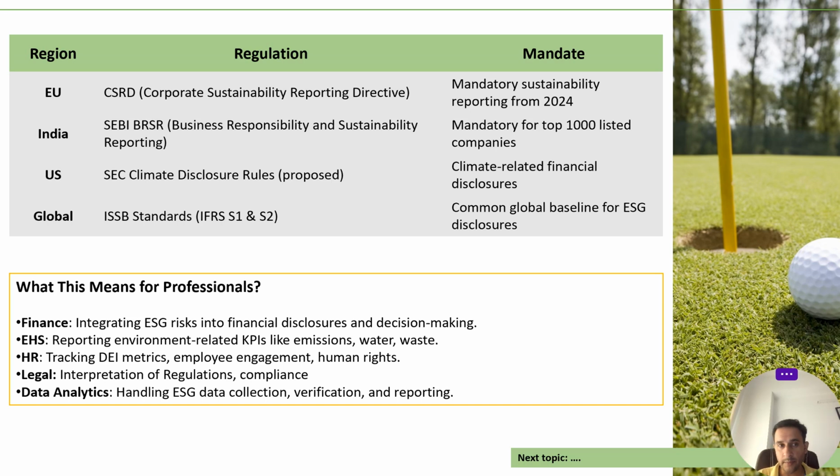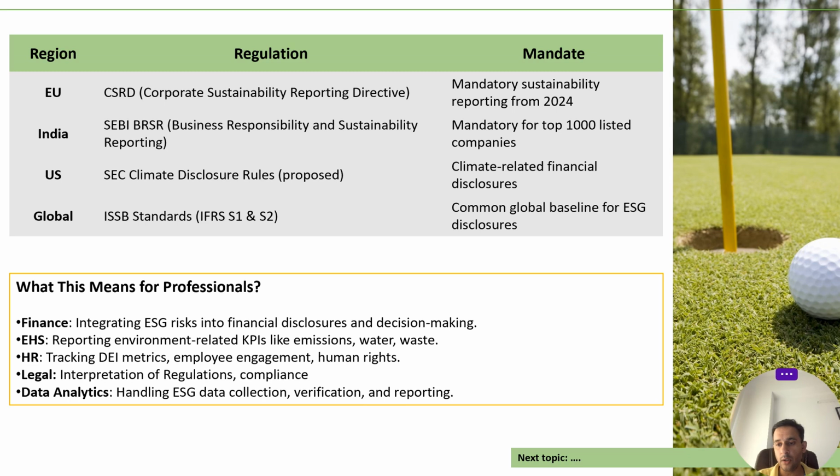Then in India we have the biggest Indian regulation, which is BRSR by SEBI, which is the capital market regulator in our country. Then in US we have SEC climate disclosure rules, right?